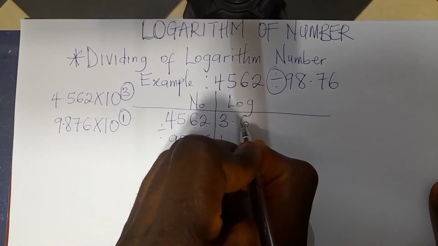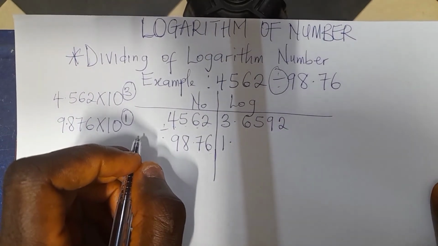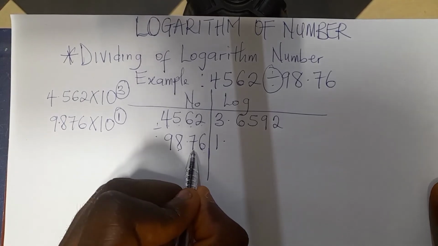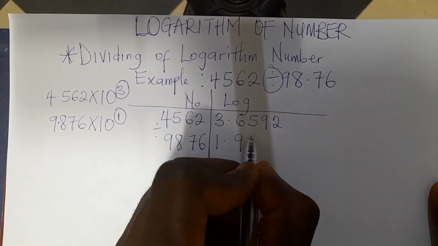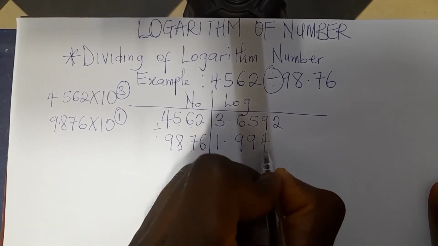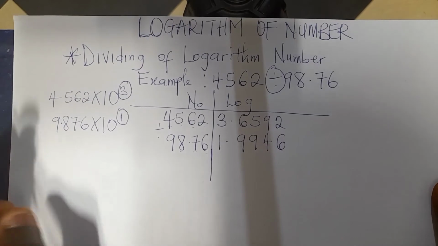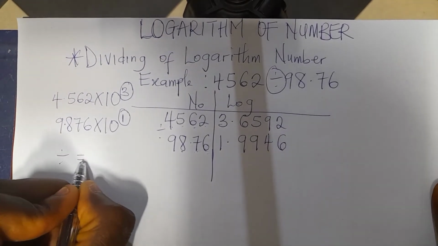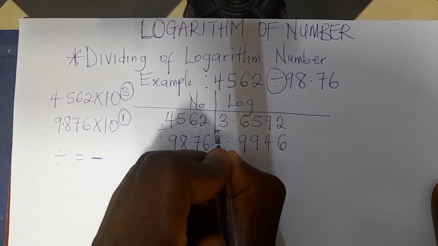It's giving us 4592. Also we'll be looking for 98 under 7 difference 6, which will be giving us 9946. Now remember I told you guys that in logarithm a division sign equals minus.